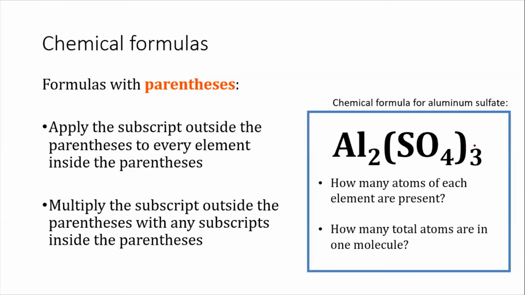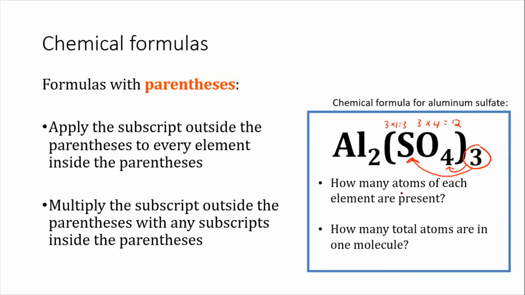In aluminum sulfate, this 3 outside of the parentheses gets applied to the 4 on oxygen. So for oxygen, you have 3 times 4 equals 12 total oxygen atoms. It also gets applied to the sulfur. There's no number next to sulfur, so we assume it's 1. So we have 3 times 1 equals 3 sulfurs.